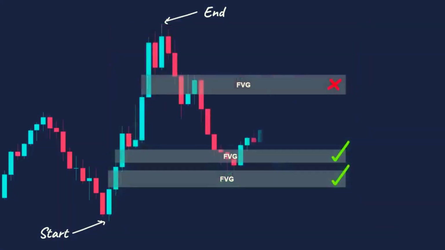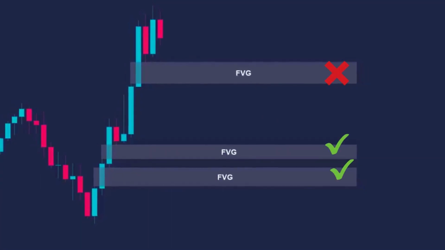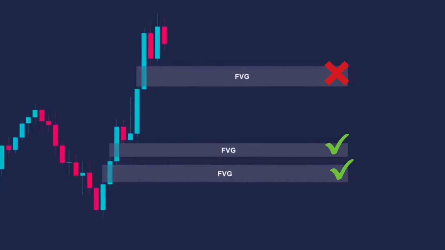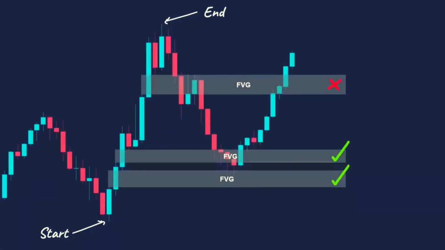Hence, we're only interested in buys in the discount zone due to several reasons. Typically, the market targets early buyers. So, a more conservative approach to entering long trades is to wait for the price to enter the discount zone. This increases the chance of success and reduces the chance of falling victim to a liquidity grab.